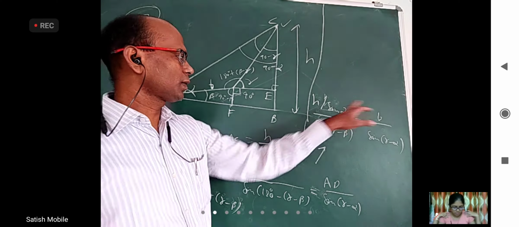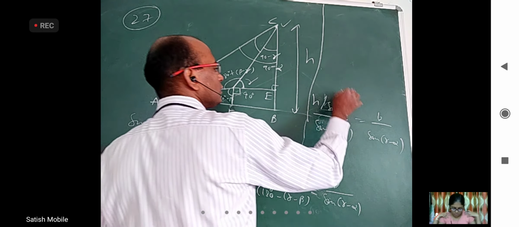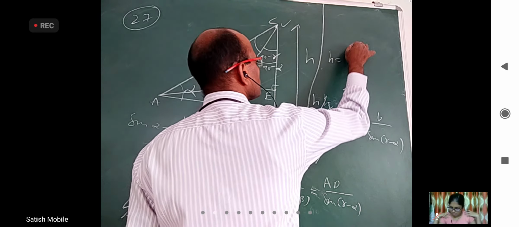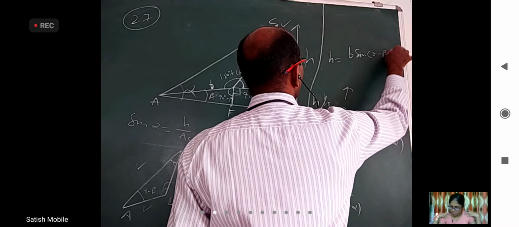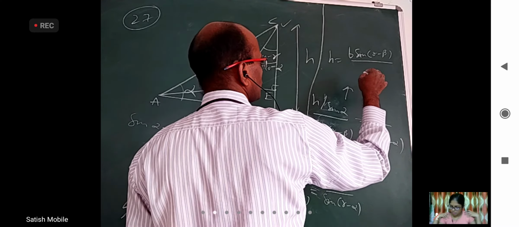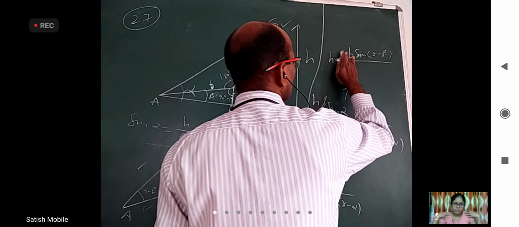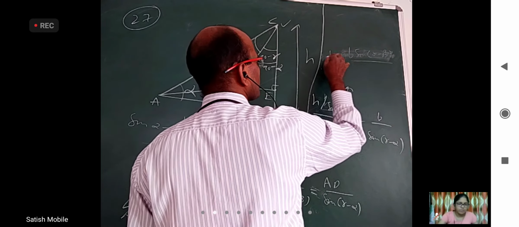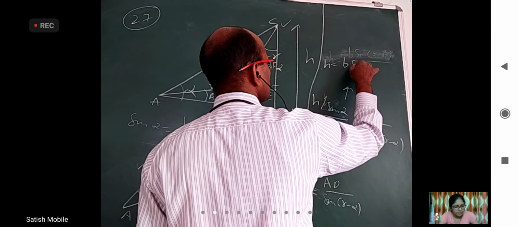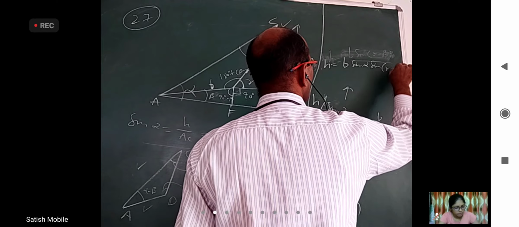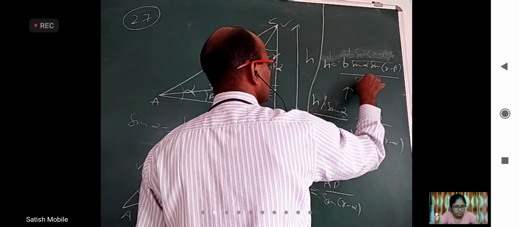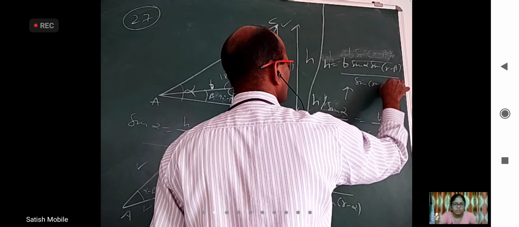Taking both denominators to that side, from now we'll get H is equal to b sine gamma minus beta by sine alpha into sine alpha also. H is equal to b sine alpha sine gamma minus beta by sine gamma minus alpha.